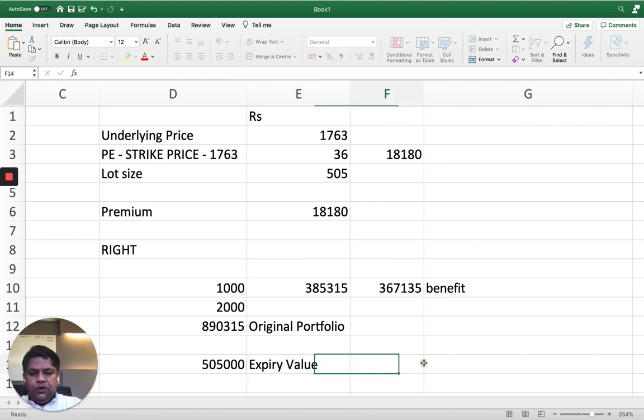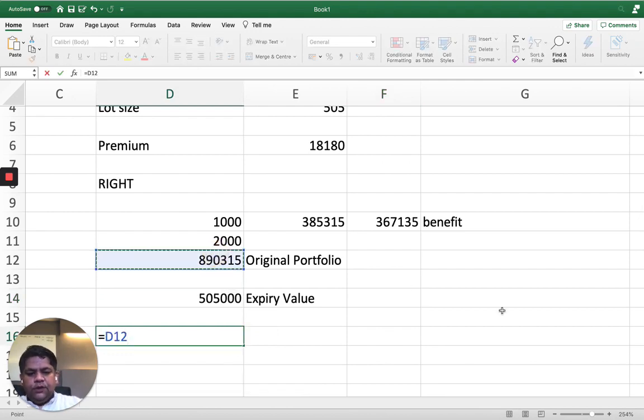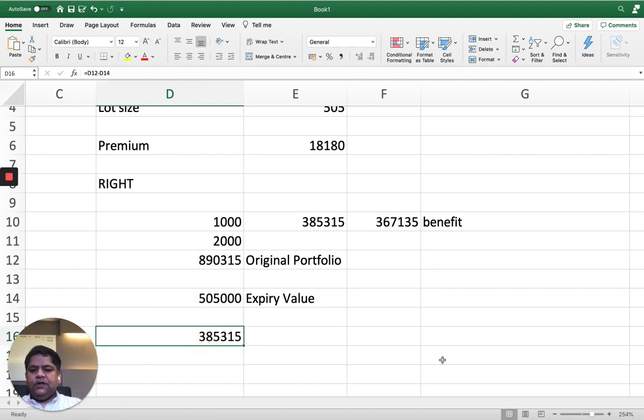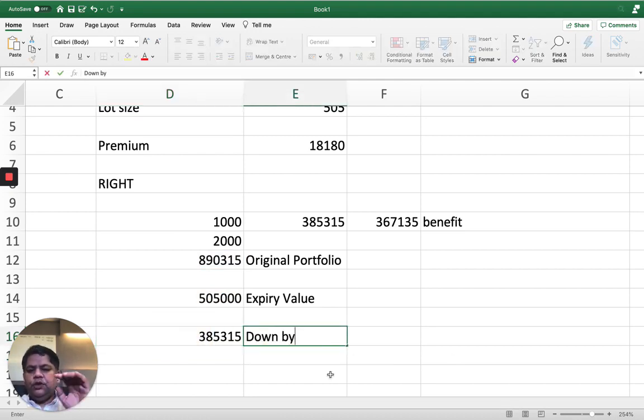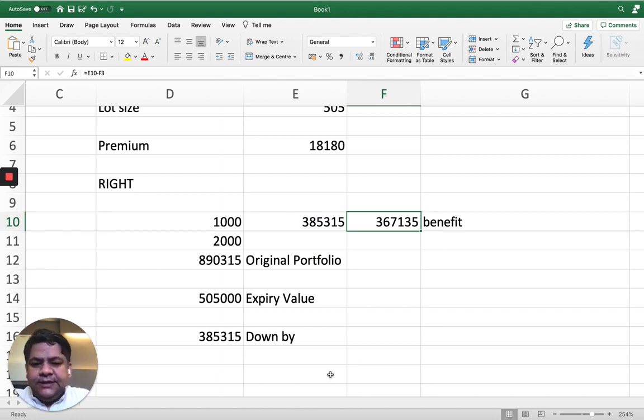So how much money did you lose? Basically in your overall portfolio, the money which you lost is 3,85,315 rupees; your portfolio is down by that. But you made a benefit of 3,16,135 rupees because of exercising the put option, because you were having the put option.